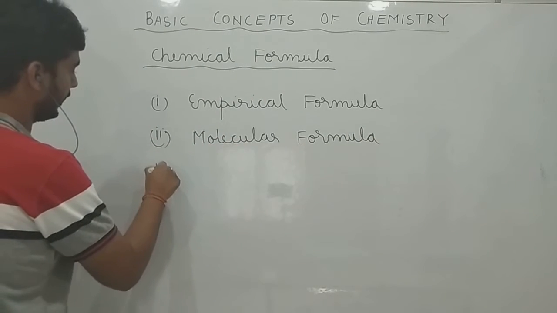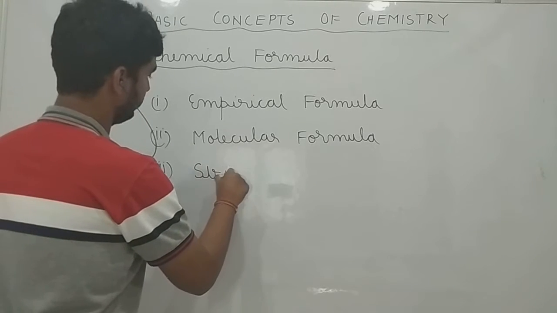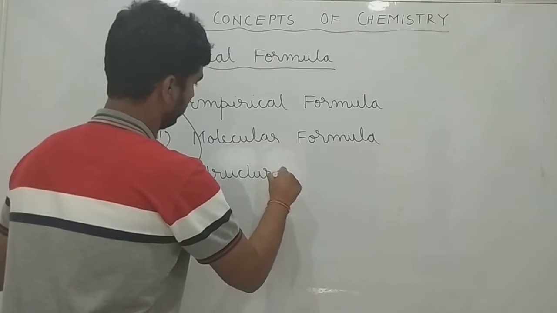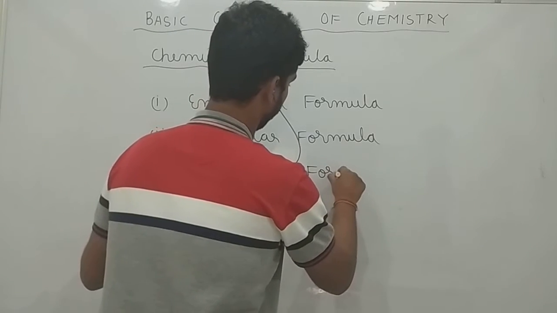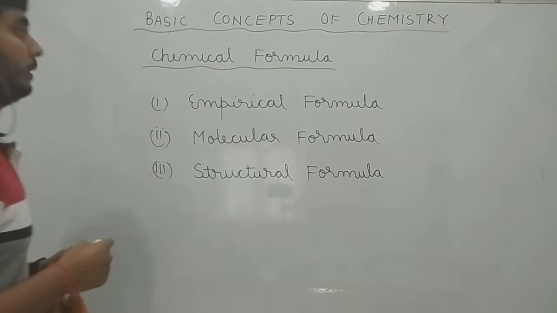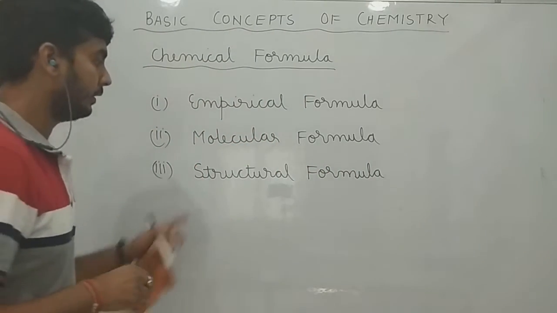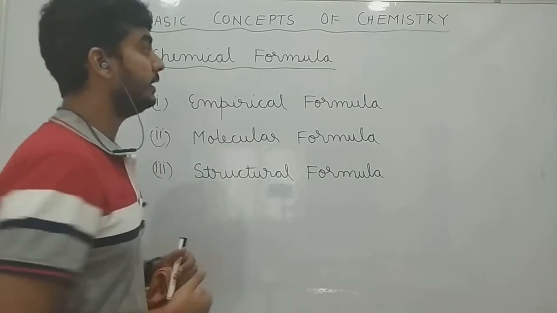And there is one more type which we'll be studying later, structural formula also, or you'll call this structure later when we'll be dealing with the chemical bonding chapter. So empirical formula, molecular formula and structural formula. So let us understand these one by one.